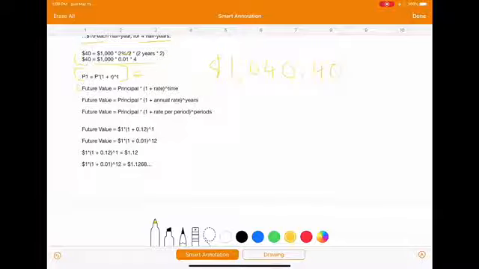The figure in parentheses includes the rate, which we understand as the annual rate, added to 1 because you're keeping your principal. So P times 1 is going to be 1. And that taken to a power that represents the time.